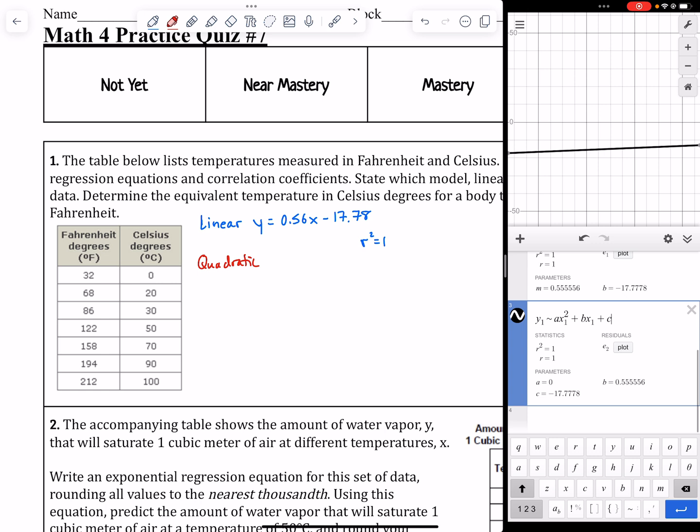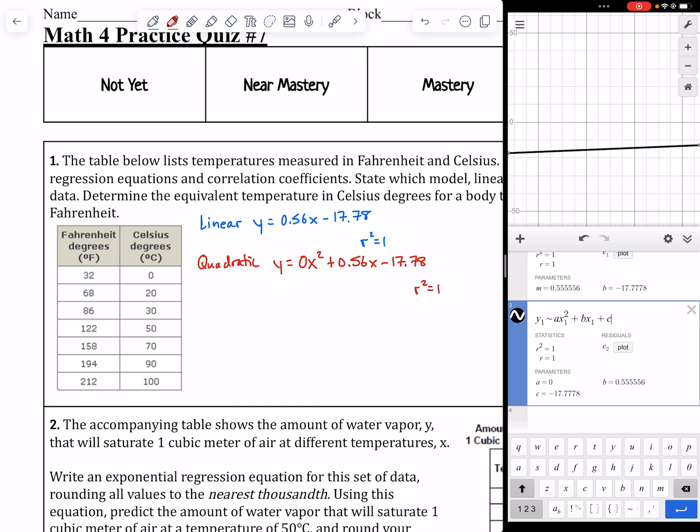And write that one out. So that will give me y equals, and then a is 0. So I'm just going to write it as it looks for a minute. So 0x squared, b is 0.56, and c is negative 17.78. And then the r square value equals 1.